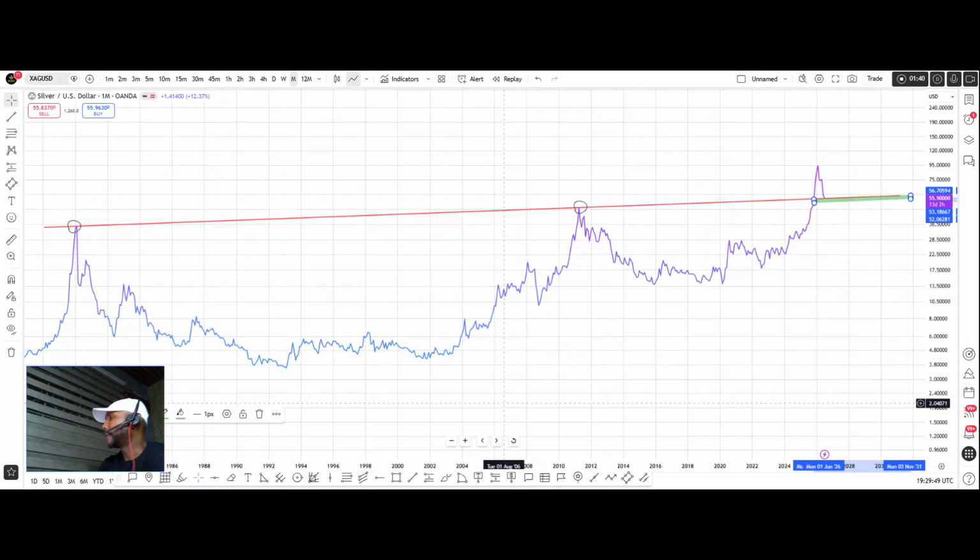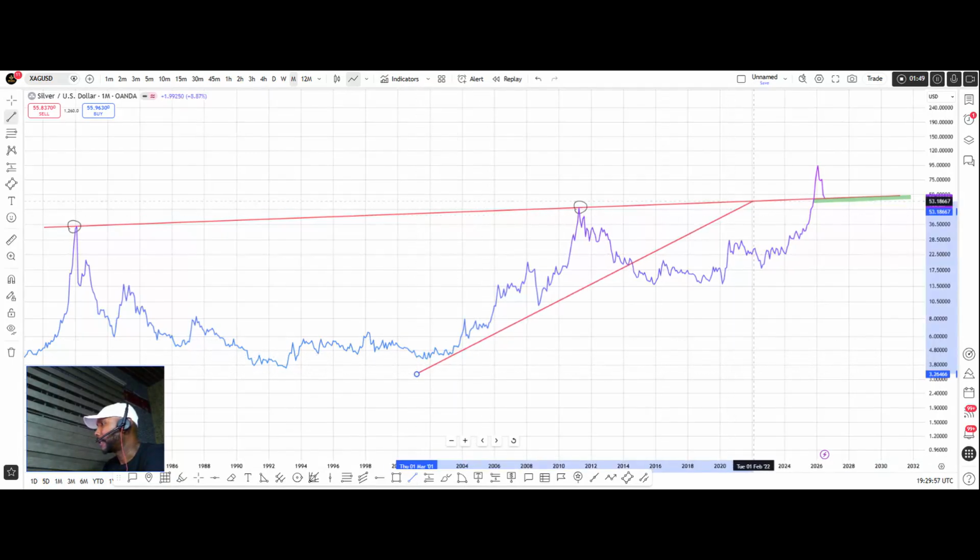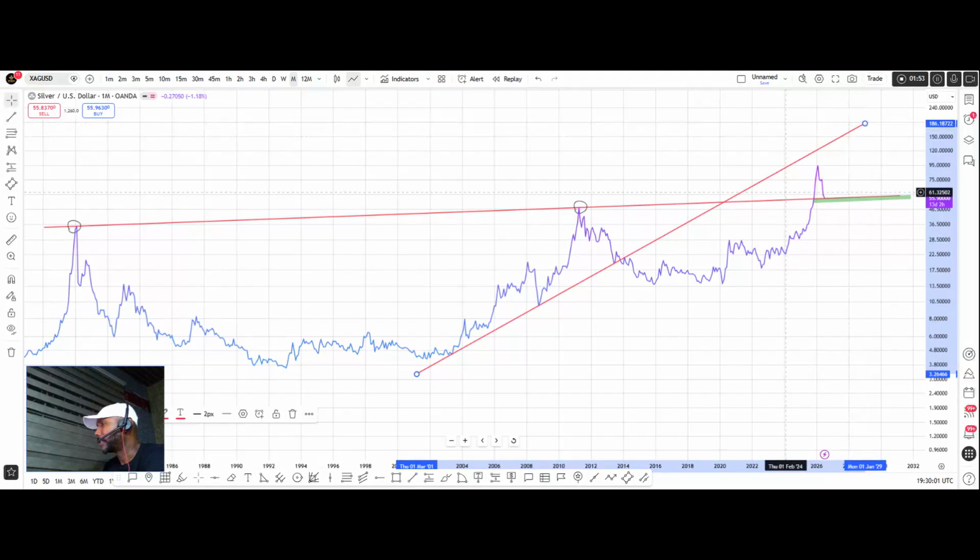Technically, that's one aspect, and another aspect to look at is the current structure here, where we have a clean break and retest on monthly time frame starting from 2002.